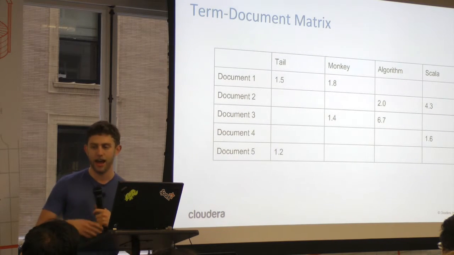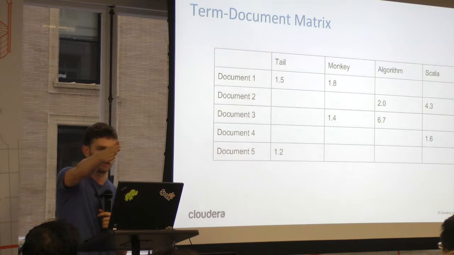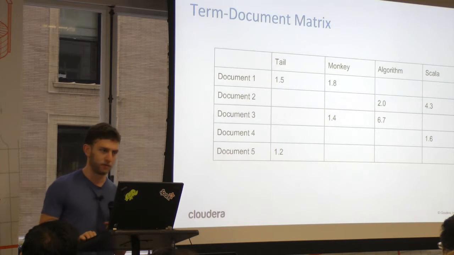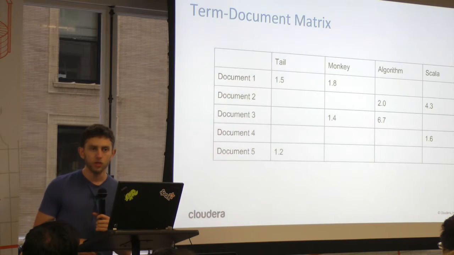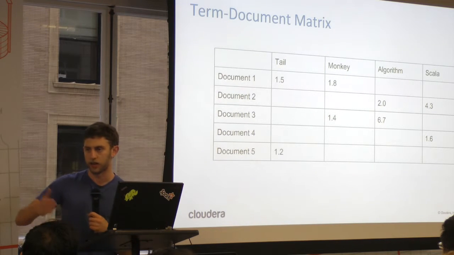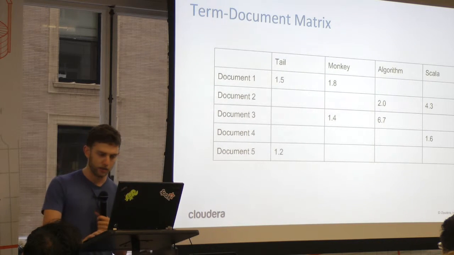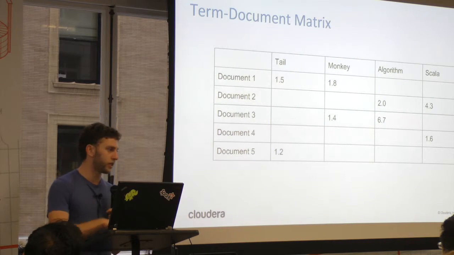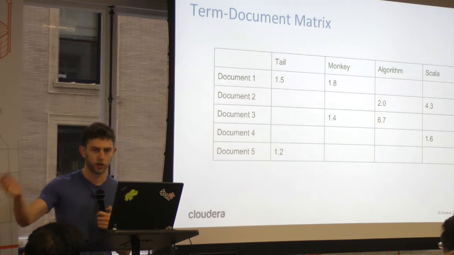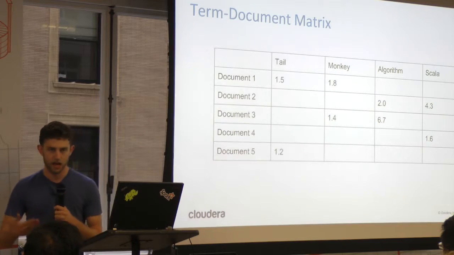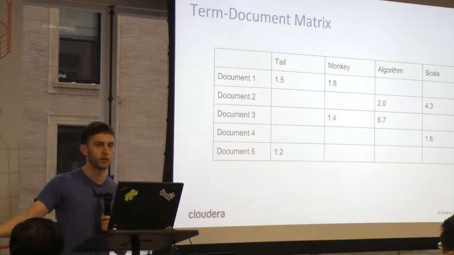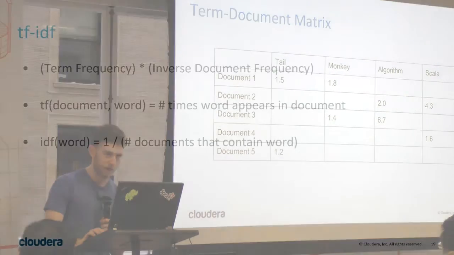So if half the documents in our corpus have the word "algorithm" in it, because we're looking at some pretty skewed computer science corpus, we want the occurrence of "algorithm" in a document to matter less. We care less if "algorithm" shows up in a document because it shows up in almost every document. So in addition to being the relevance of a particular term to a particular document, it's also sort of an indicator of how much we care about that relationship.